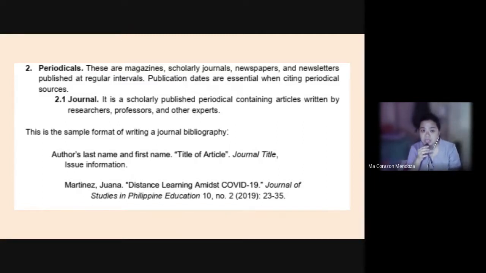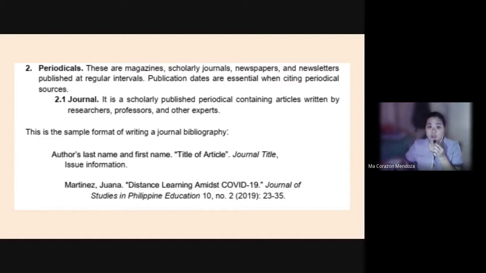So, this is the sample format of writing a bibliography. So, we have author's last name and first name, period, title of article, journal title, comma, and then the issue information. Now, listen carefully. Martinez Juana is the author, period.